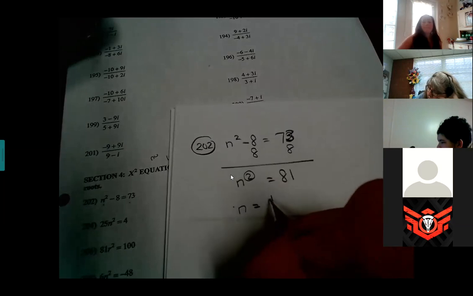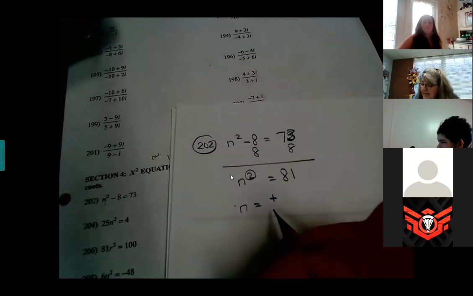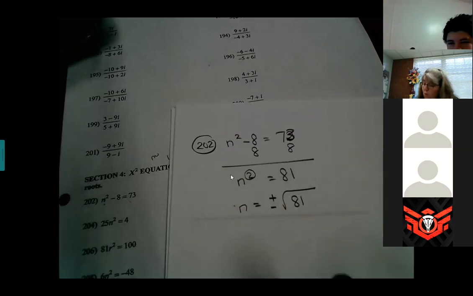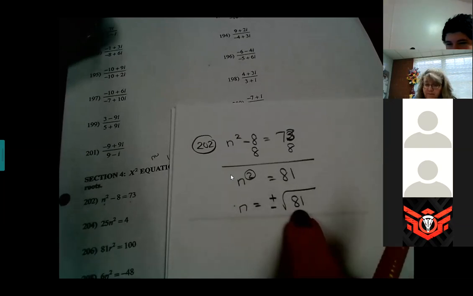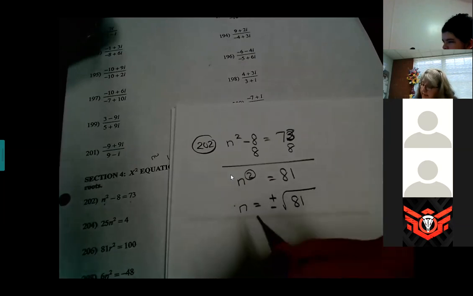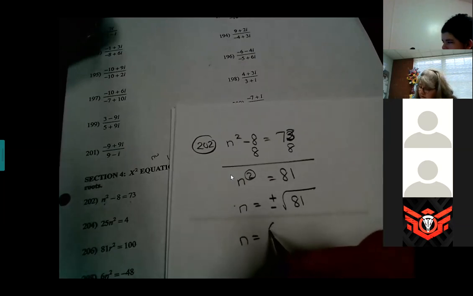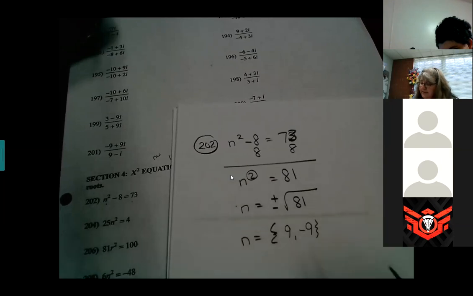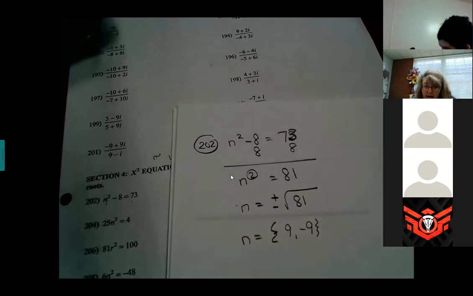But anytime you take a square root, there's always a positive and a minus square root. What's the square root of 81? -9 and +9. So the answer to this problem is -9 and +9. If you just give me +9, I count it wrong because there's two answers.